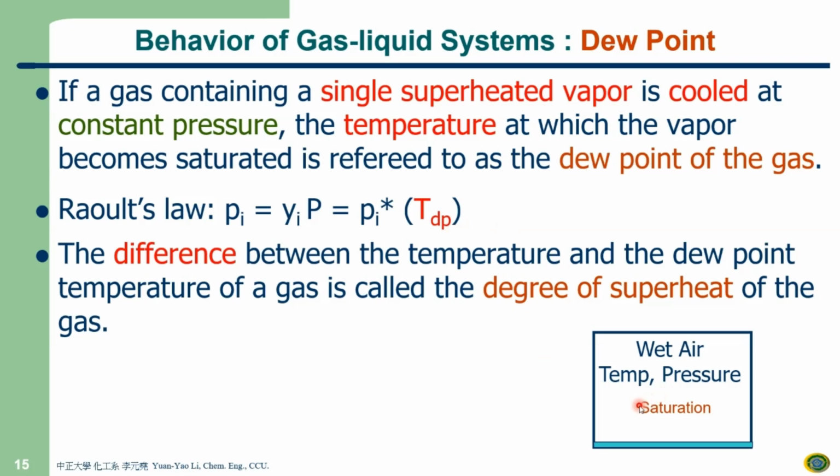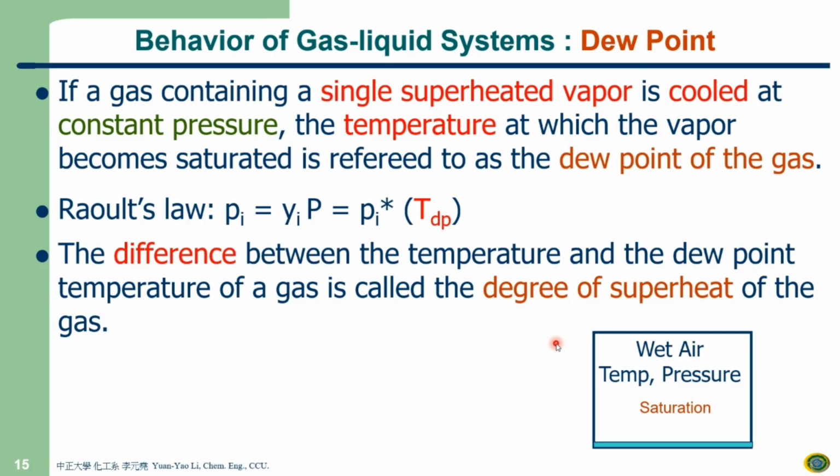As I told you, if you have superheated vapor, you can increase the temperature more and more. It's still superheated. So you need to know the superheated temperature and the dew point temperature. And the difference between them is what we call the degree of superheat of the gas.